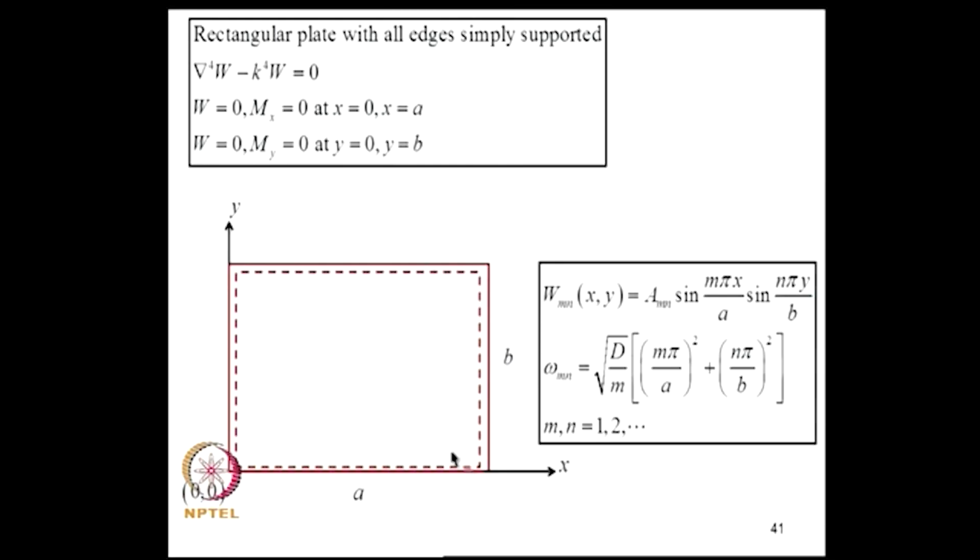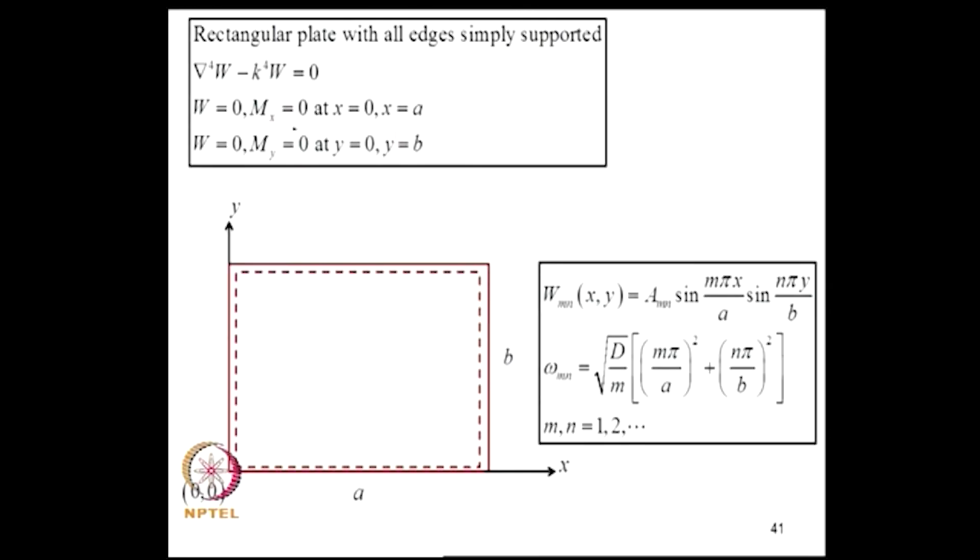Now, this dotted line is a convention used to represent simply supported edge conditions. As I said, this is an eigenvalue problem. W equal to 0 is a trivial solution which satisfies this equation, but we are interested in non-trivial values of W, and we ask the question for which value of k such solutions exist, and k, as you have seen, is related to the frequency of harmonic excitation.